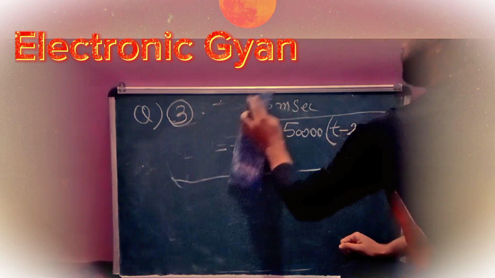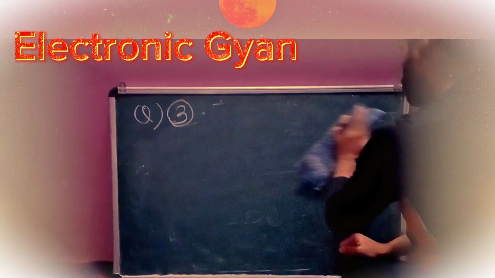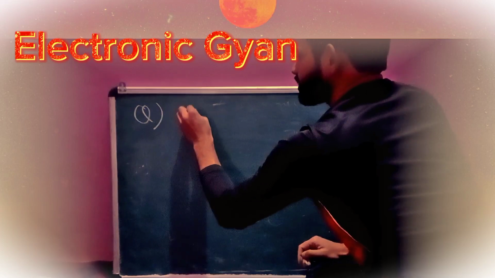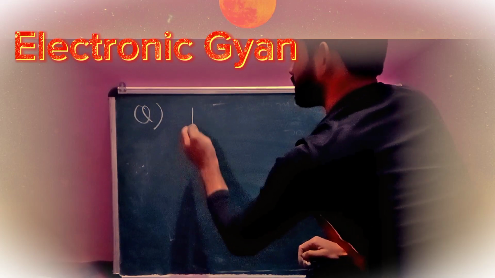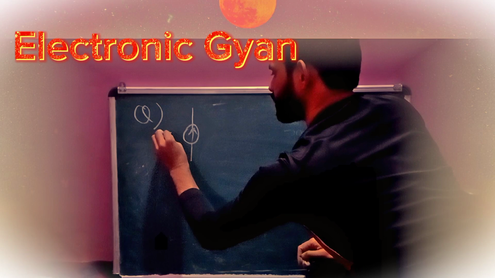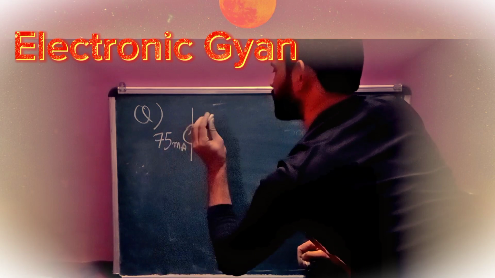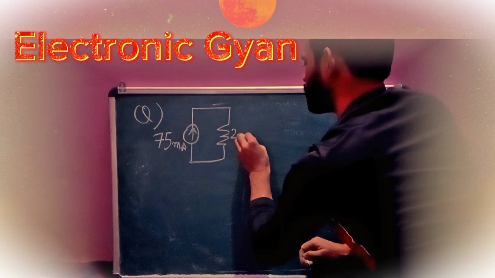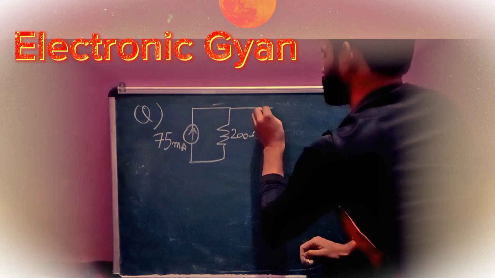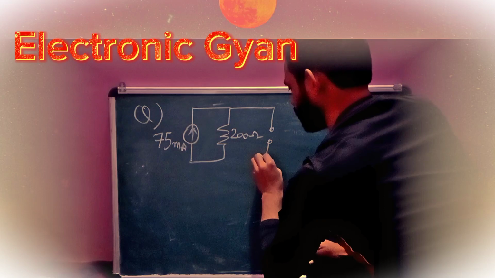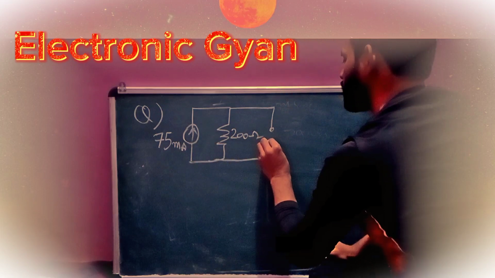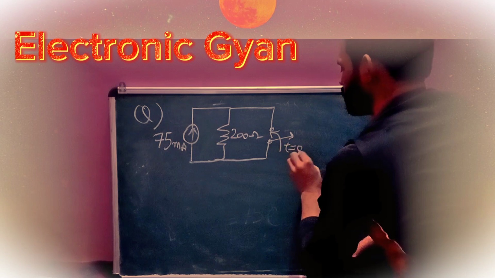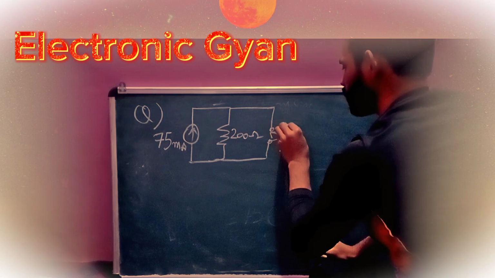Okay, so let's see what was my question and what is my final answer. My question was: this inductor, this is my current source of 75 milliampere, and this is my resistance of 200 ohm. Here is my switch A, which was initially open, and at t equal to 0 it will turn on.